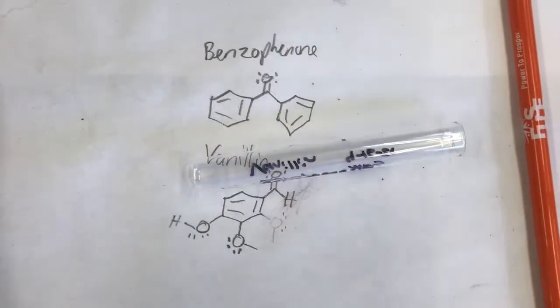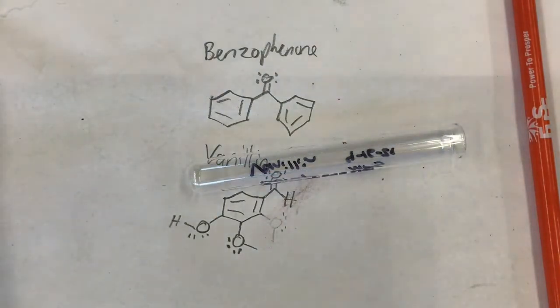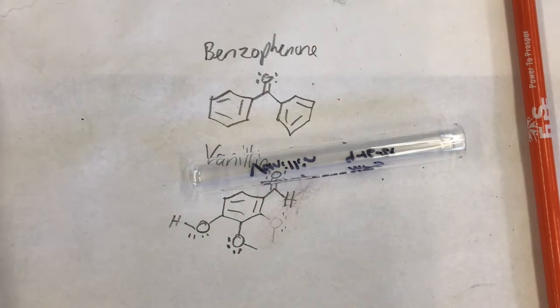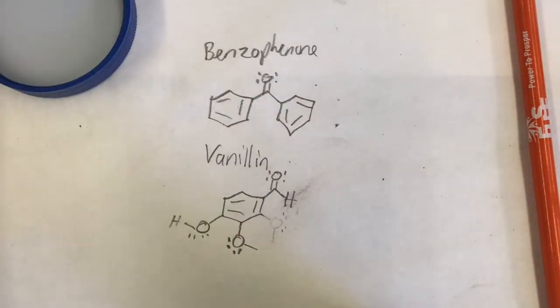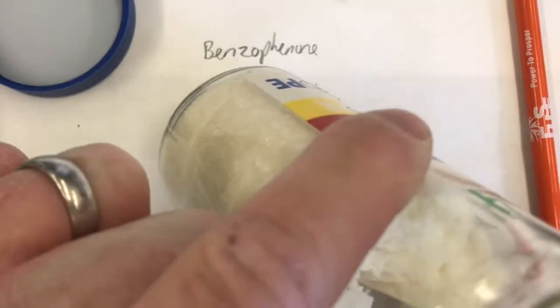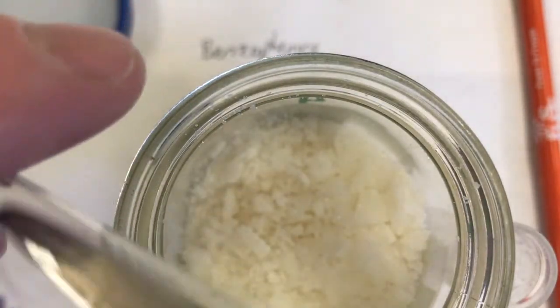To prepare it, I just add a pinch of both of them. Easy enough. So get a little bit of benzophenone first. I'm going to add that first. That should be enough. Got it.